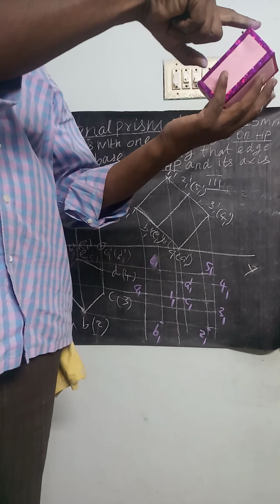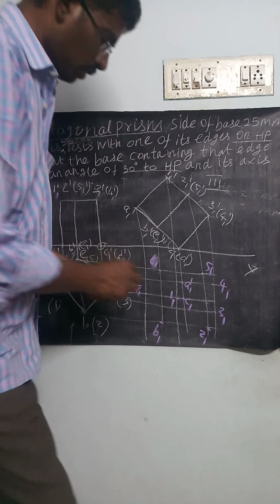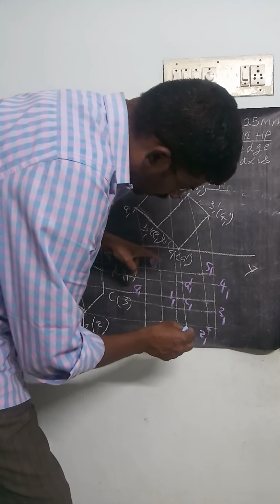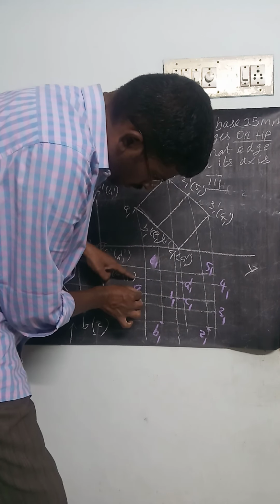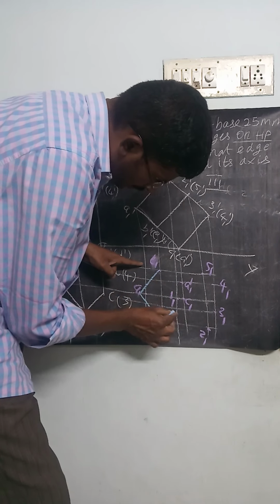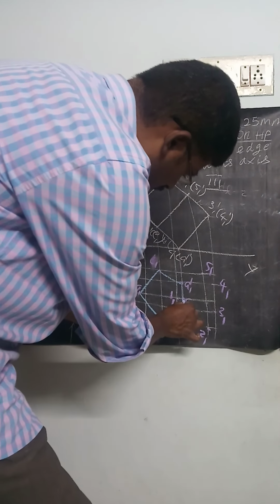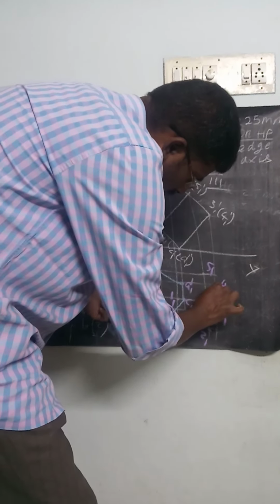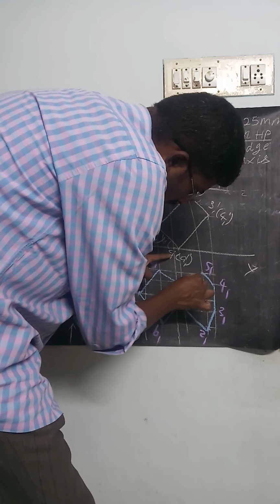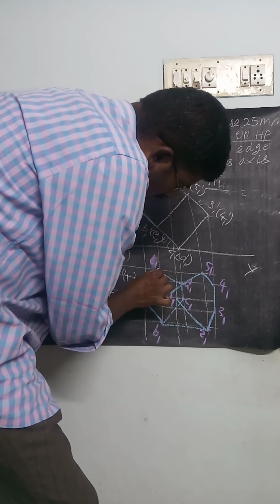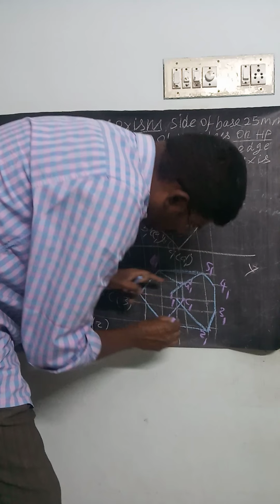Next, only 2 are visible, so 3 edges are not visible. Those 3 not visible lines are drawn as hidden lines.